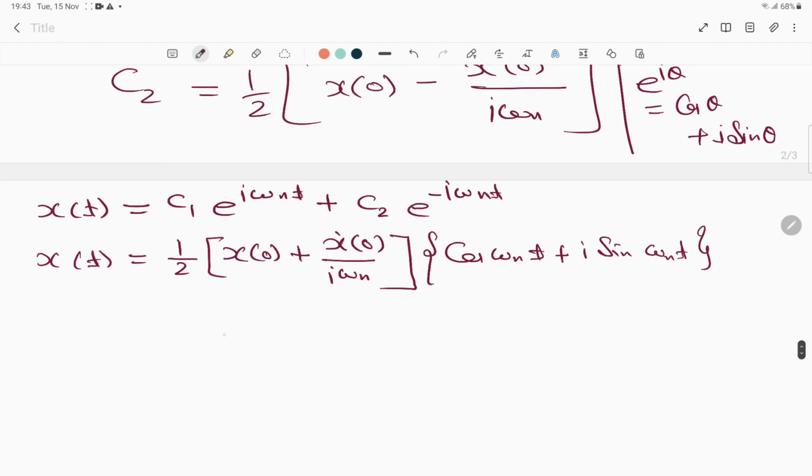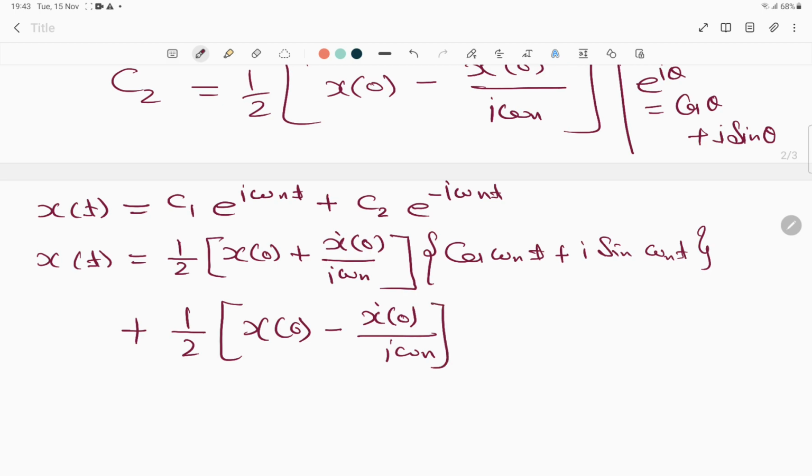And then the second term, let me write over here so that something is below this, and later it will be easy for me, and that is i omega n, and then cos omega nt, and then I have minus i sin omega nt.